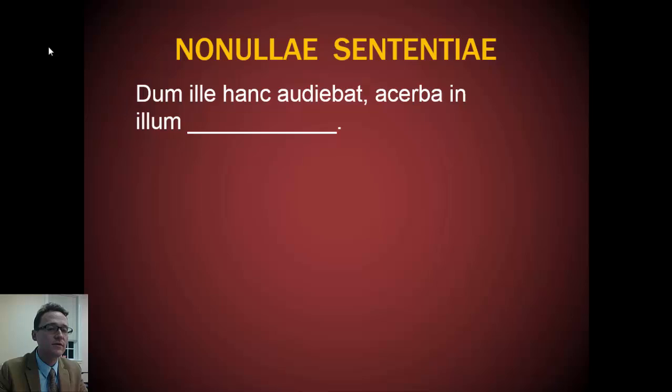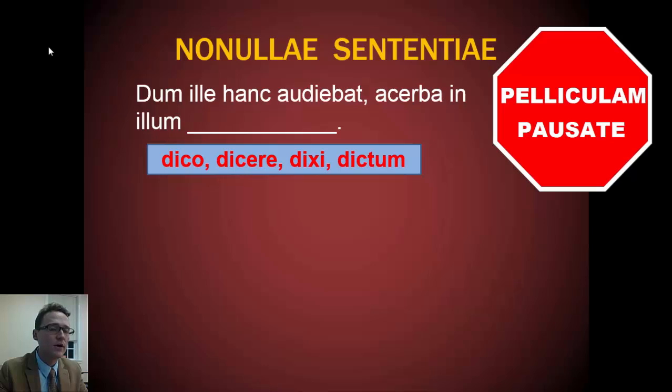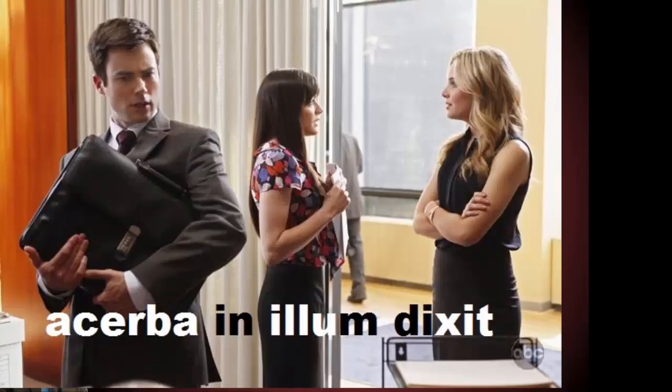So, we're going to use the verb dico, dicere, dixi, dictum. At this moment, pause the video and write on your paper what you think the correct answer is. When you've written that down, resume the video. Alright? Did you write dixit? If so, you are correct.